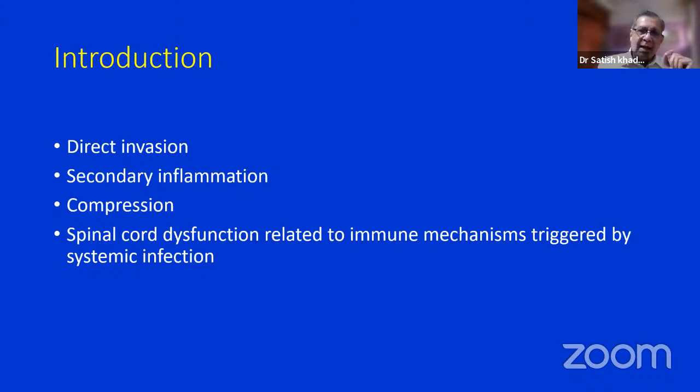Are we looking at a direct infection of the spinal cord with something? Or are we looking at an immune myelopathy? Now, that is something that I, as a clinician, have always found very difficult to separate in the local scenario. And I also appreciate that these two are not completely separate, but they are intermingling.